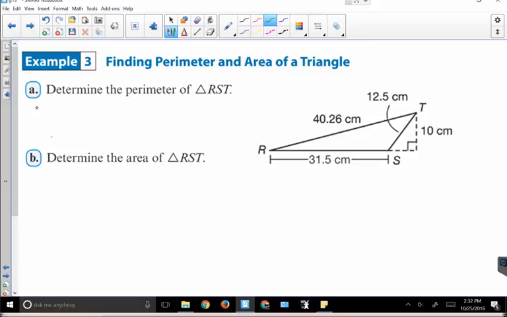Okay, so I got 40.26 plus, what would be another one? 31.5 plus what? 12.5? Do I add the 10 in? Correct. The 10 is the height. That little dotted line, you got to be careful about it. It isn't part of the triangle. It's just identifying how far it is from the highest point to the lowest point.